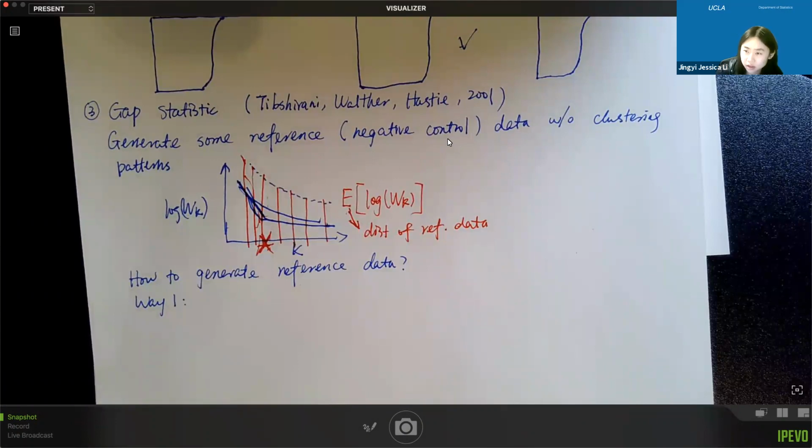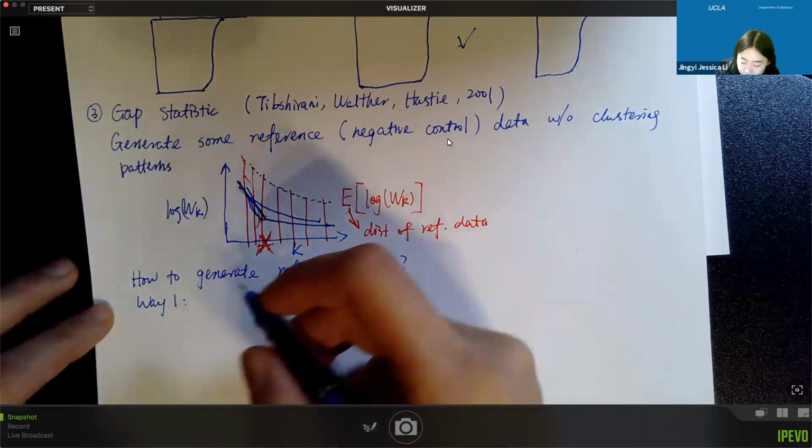That's the goal for generation. If the reference data do not resemble real data at all, then this reference is not a meaningful reference. Just like in your biology experiments, when you design a negative control, you just want to make the variable you care about different, and you want to control the other variables to be the same. So you're not having confounder effects in your analysis. This is the same idea.